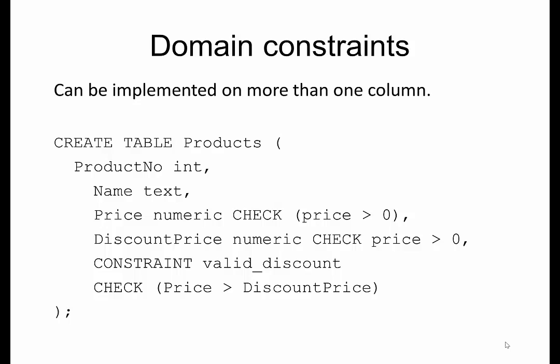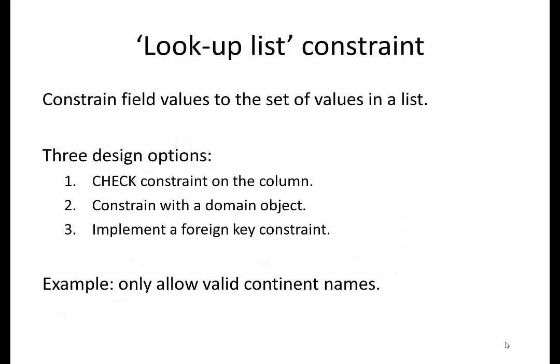This is the name of the constraint. The check operation that implements this is that price is greater than the discount price. So you couldn't enter a row in which the discount price is greater than the original price. That sounds reasonable. So we check the price is greater than 0, and then we can check that the original price is bigger than the discounted price.